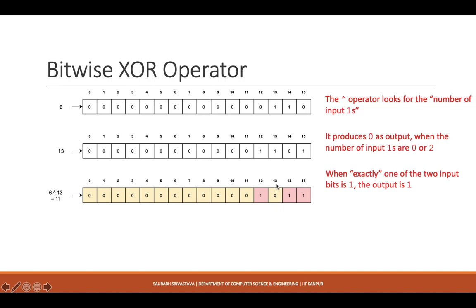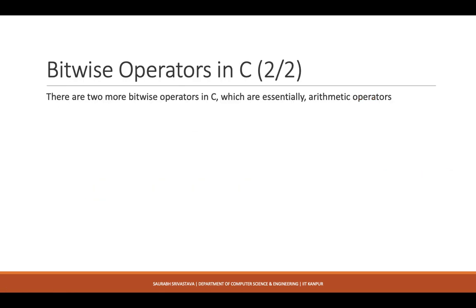This is where it is different from the inclusive OR, the OR that we usually associate as the ORing part, where as long as you have one input as 1, the OR function returns a 1. So this is how XOR is different from OR, and again you can interpret this as a different integer as well. There are two more operators in C.